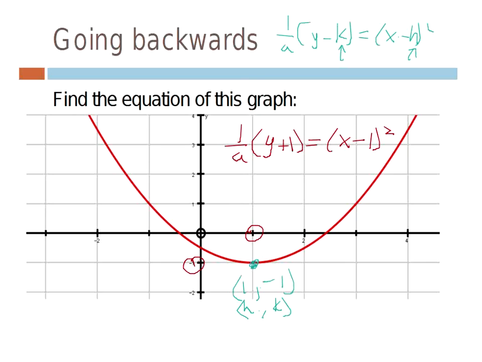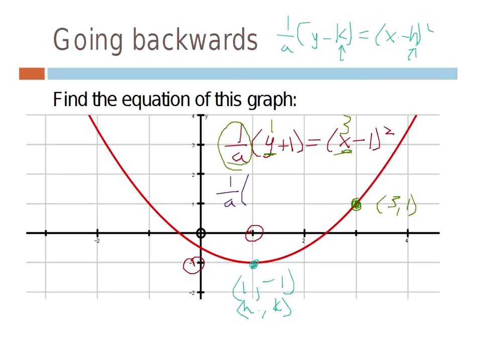And so to figure out the 1 over a value, I need an x value and a y value. Well, I have one of those right here. I know that this point is 3, 1, which means that x could be 3 and y could be 1. And so I'm going to plug those values in. Now they are just x and y values. They are not transformations, so I don't change their sign.